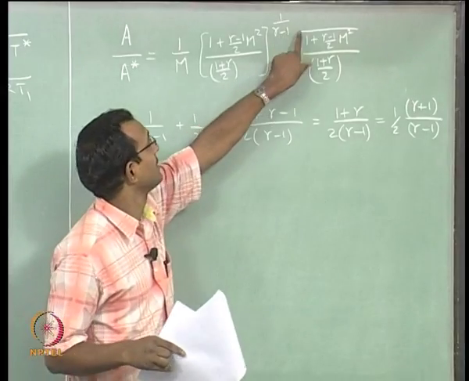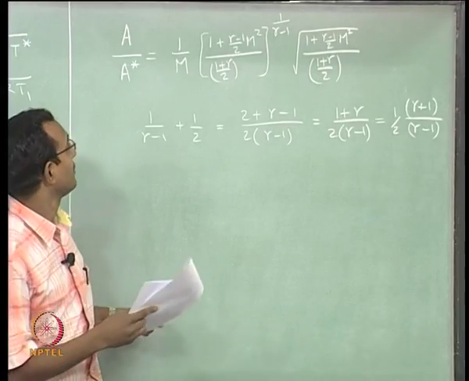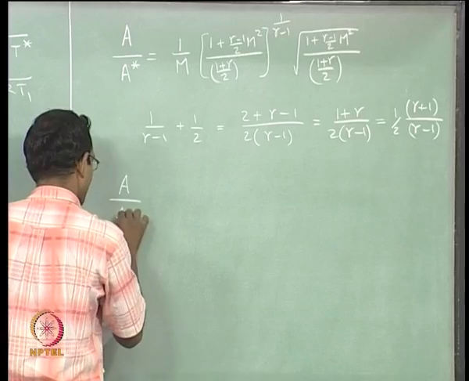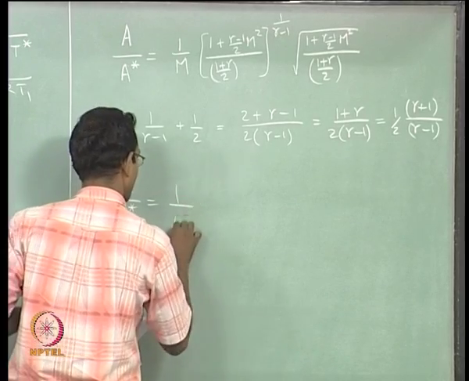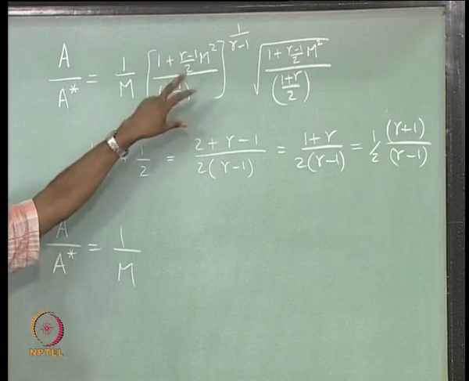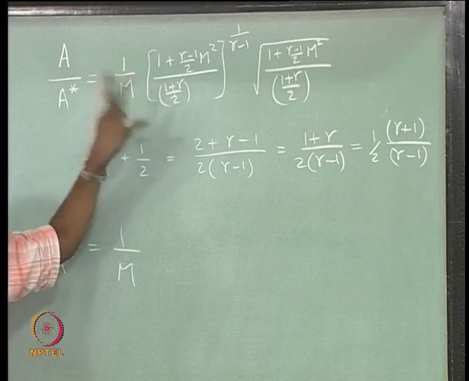I have just added this and the half, the square root being the half. So I will get a very nice simple expression. And I am going to simplify this a little bit, multiplying numerator and denominator by 2.